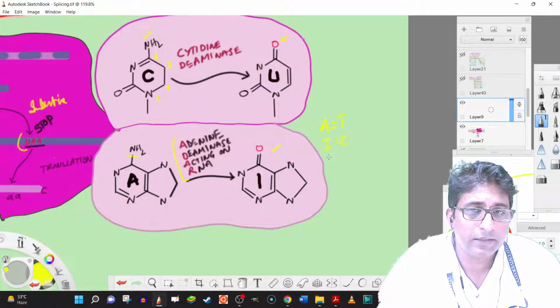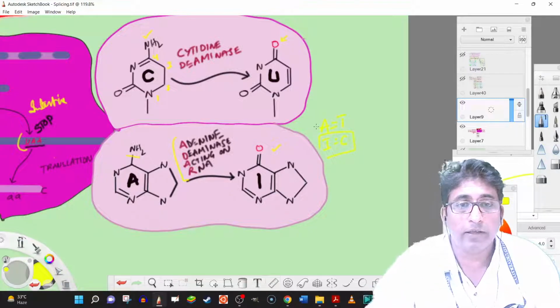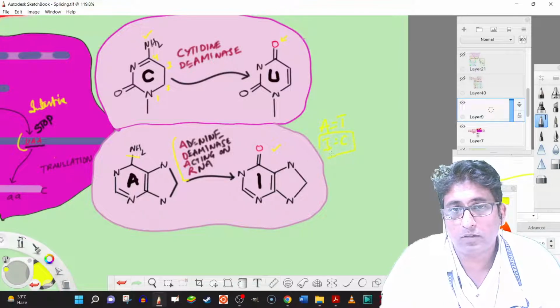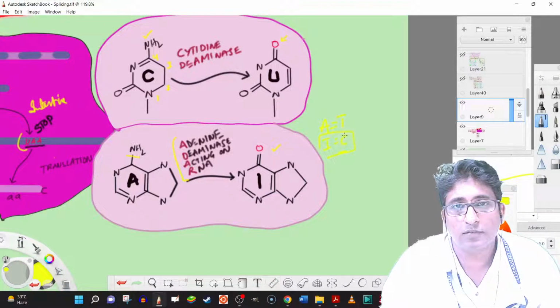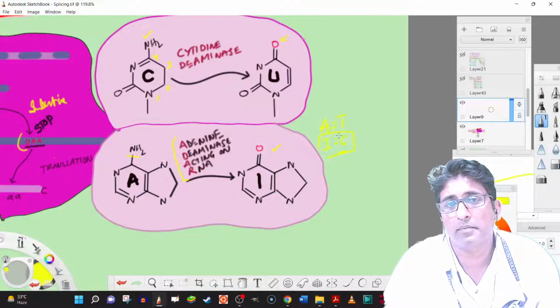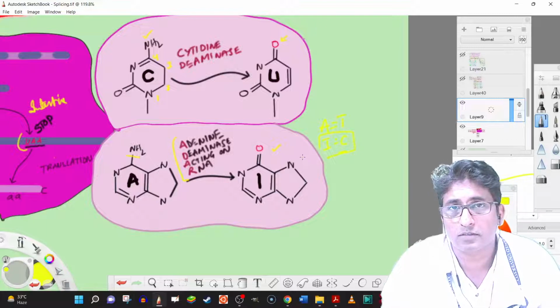So this probably has a function in the way the RNA folds upon itself, because now inosine could base pair with cytosine. It could result in a different three-dimensional structure, and thereby may affect the functions of that RNA.